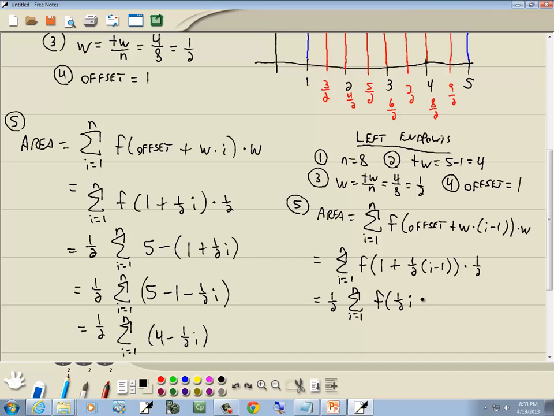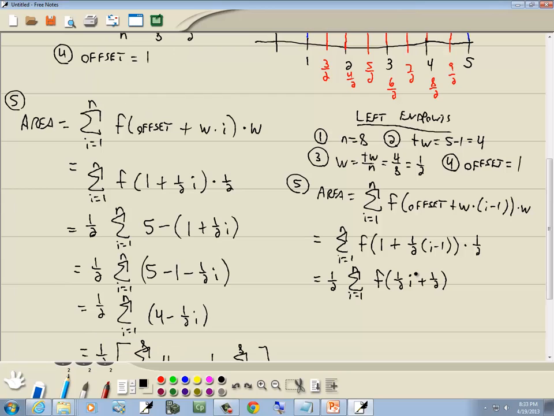Plus 1 gives us a positive 1/2. Now we want to take that and plug that into our function, because this is f of this. Our function, if you remember, was 5 minus x. So we're going to have 5 minus 1/2 I plus 1/2.